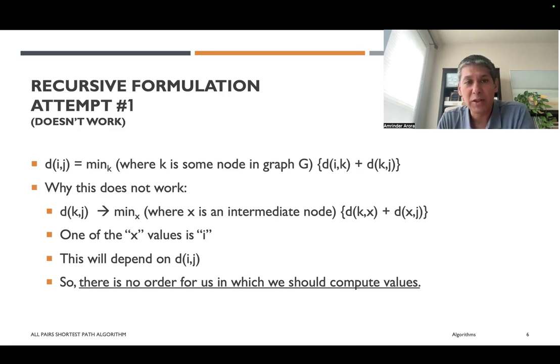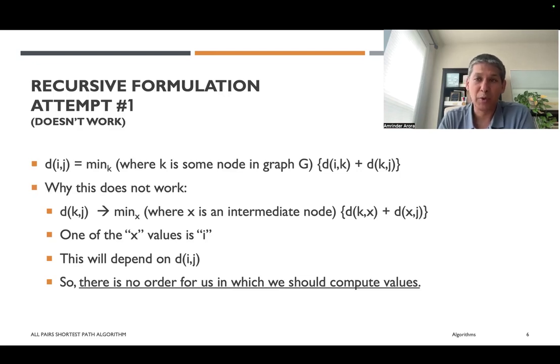It's not easy to make this work because consider if you have Dij, then you think about Dik. But when you want to compute Dik, then you will look for the minimum over some other intermediate node x, Dkx plus Dxj. So that means you go from k to x and from x to j. However, one of the x values it can be is I itself.